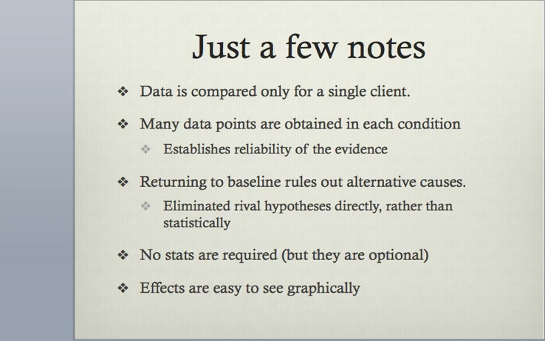So we want to rule out any other possible reasons why behavior could have changed, and we would rather do that directly by going back to baseline and seeing the behavior return to those baseline levels and then returning to treatment so that the individual again reaps the benefits of treatment and then we maintain the treatment condition, rather than relying on statistical probabilities.